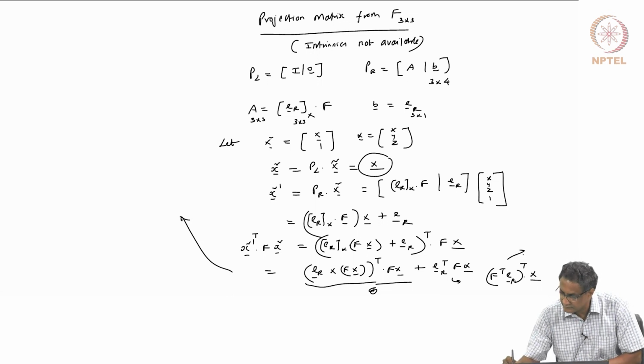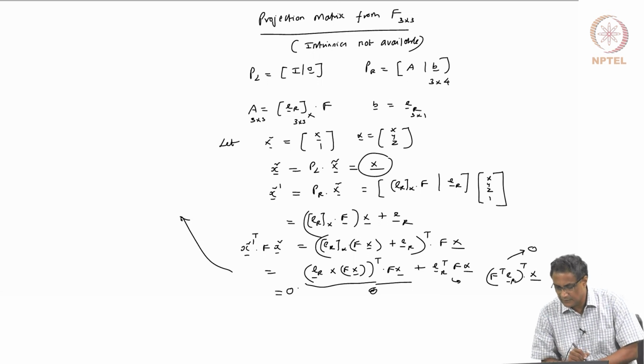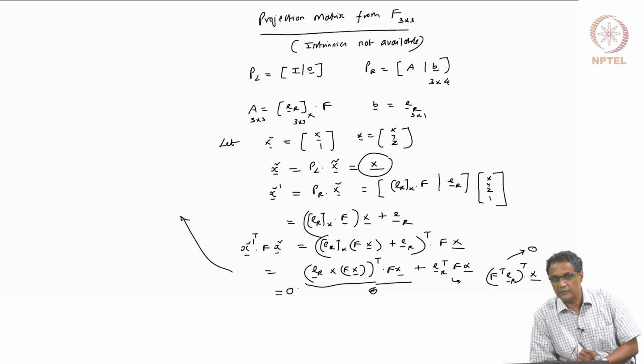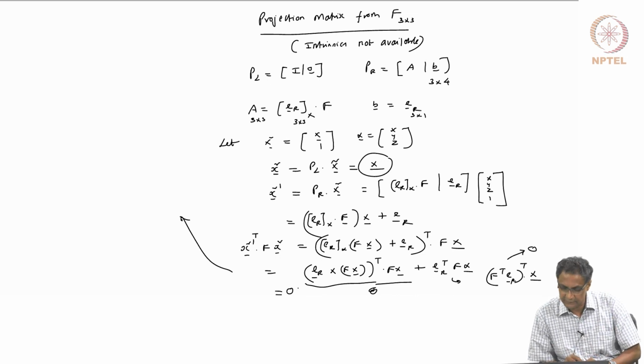This we have already shown, and therefore it is clear that this entire thing is 0. Therefore, what this means is that the choice of A and B that we made satisfies the fundamental matrix equation, x tilde dash transpose F x tilde equal to 0, and therefore that choice is a valid choice.